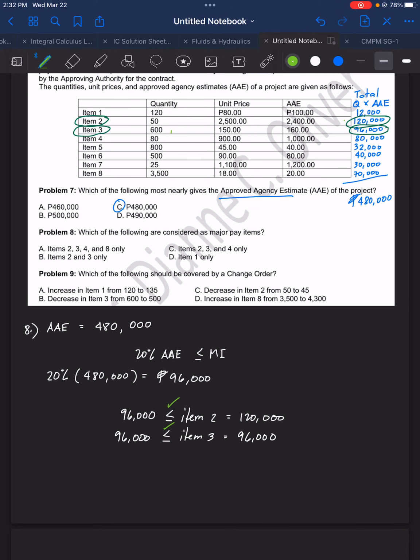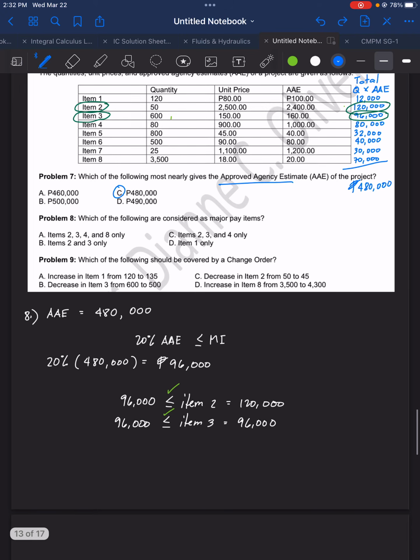How about the rest? What's the next item here with the highest value? We have 80,000, so item number 4. Item number 4 is 80,000 pesos.